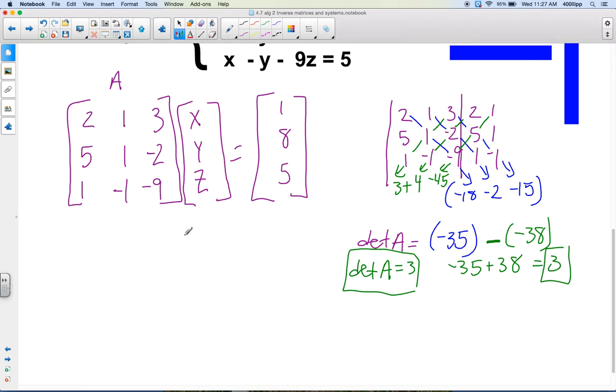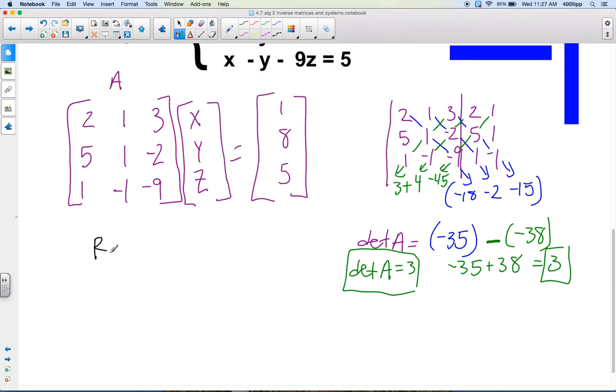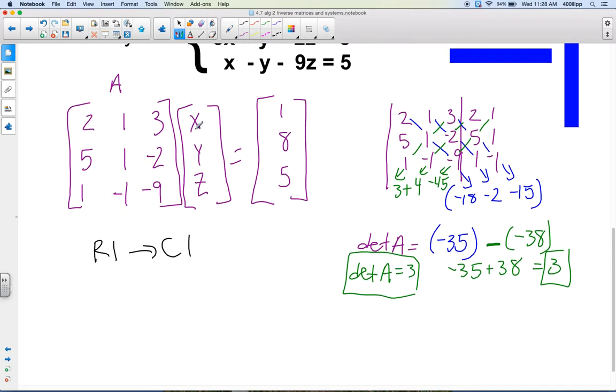So for the rows here, every row 1 will become column 1. Okay, so I'm going to look at these and I'm going to cover up the ones that I'm not going to be using. So I'm using right now row 1. This is the one I'm finding the cofactors for.